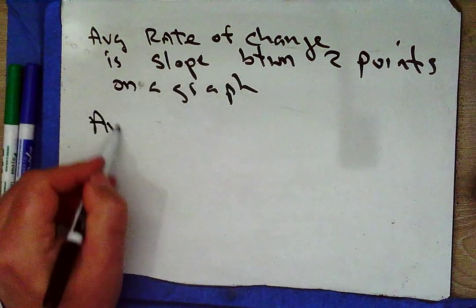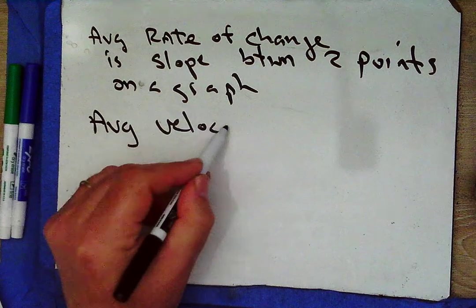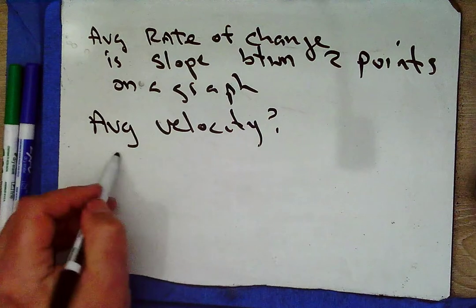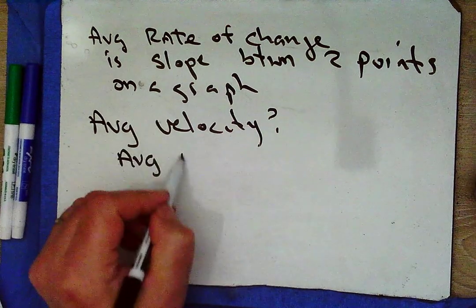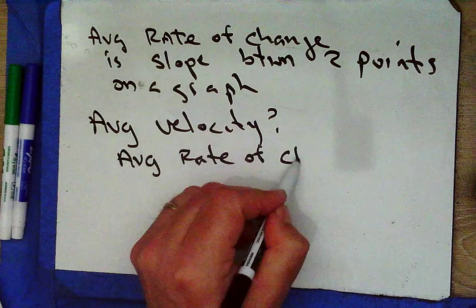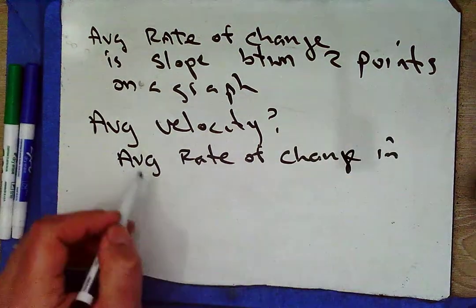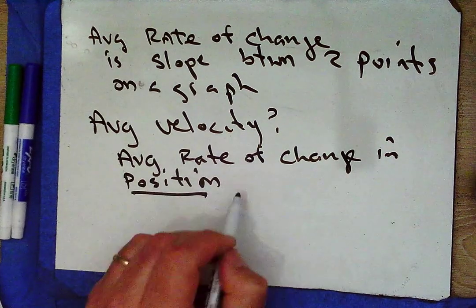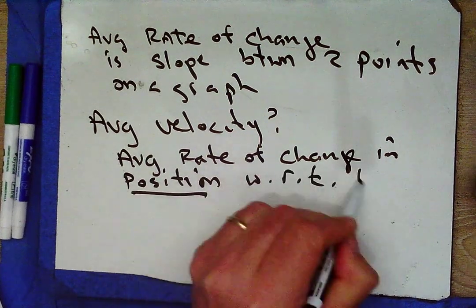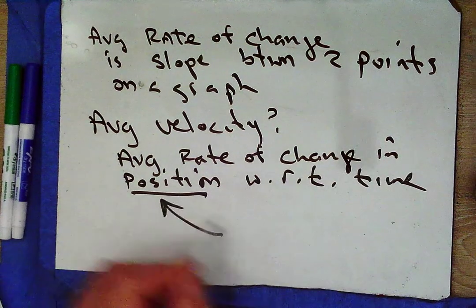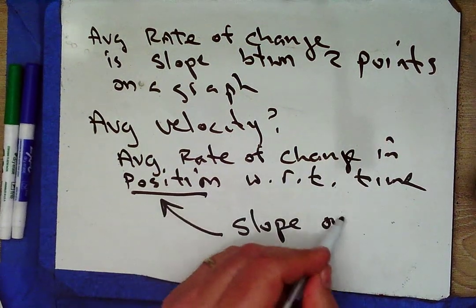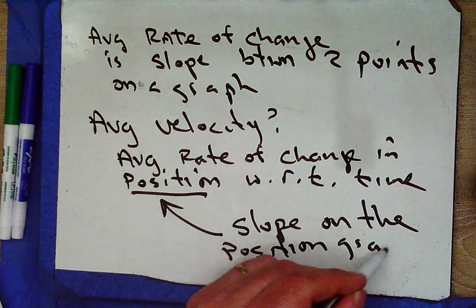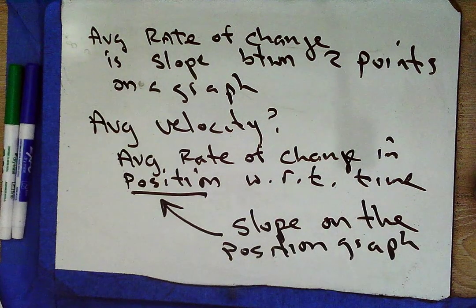So if I want average velocity, that's going to be the average rate of change in position. It's the slope on the position graph, all right, that's what my average velocity is.